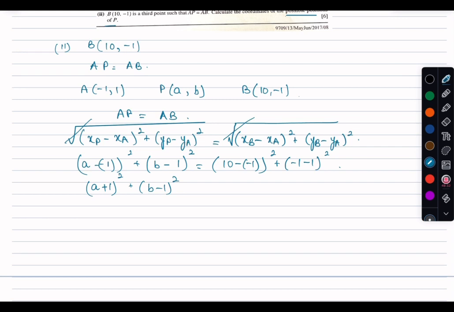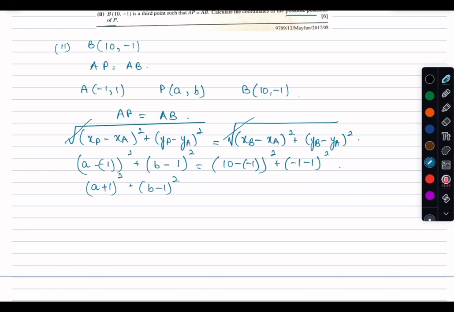So substituting the coordinates for P as (a, b), and A as (negative 1, 1) and B as (10, negative 1), I can get the equation: a minus negative 1 the whole square plus b minus 1 the whole square equals 10 minus negative 1 the whole square plus negative 1 minus 1 the whole square.